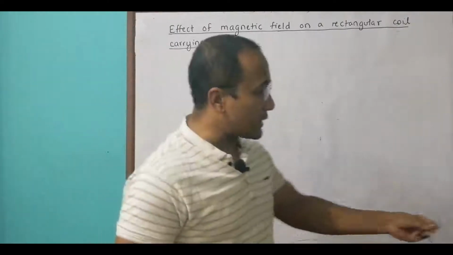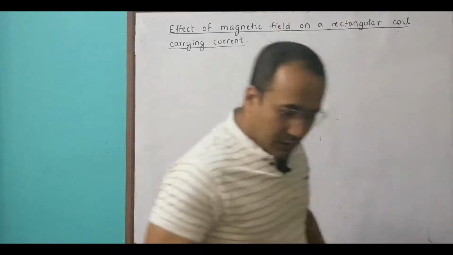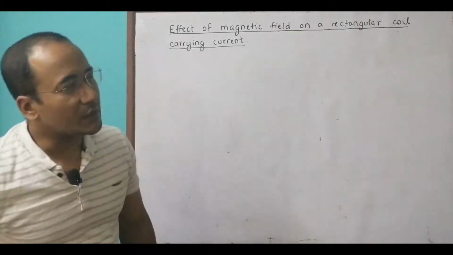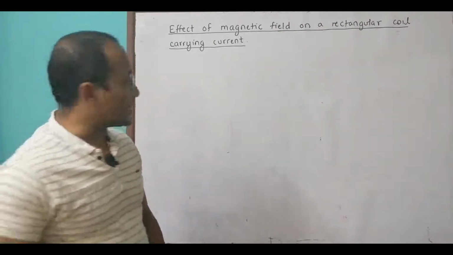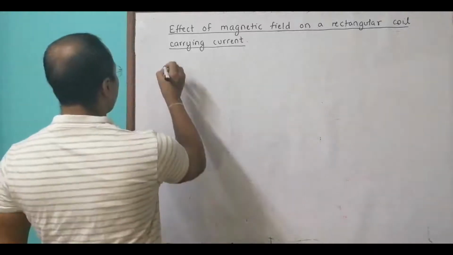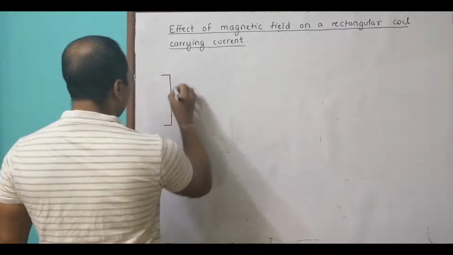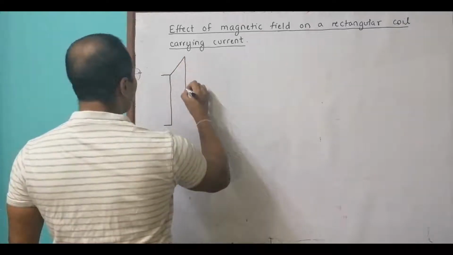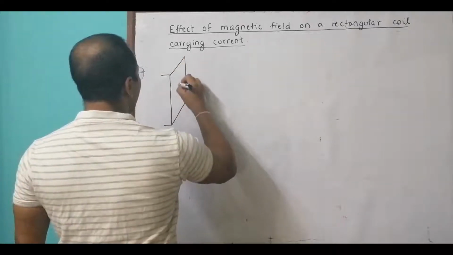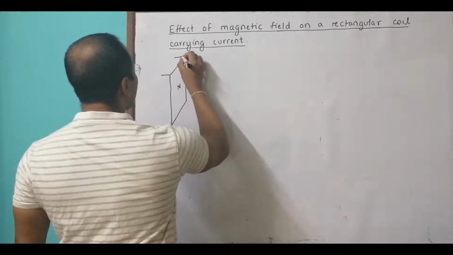Let me draw the diagram first. I frequently require a lot of time to draw diagrams, so let me see whether I can draw it fast. This is one pole of the magnet. I write N here.